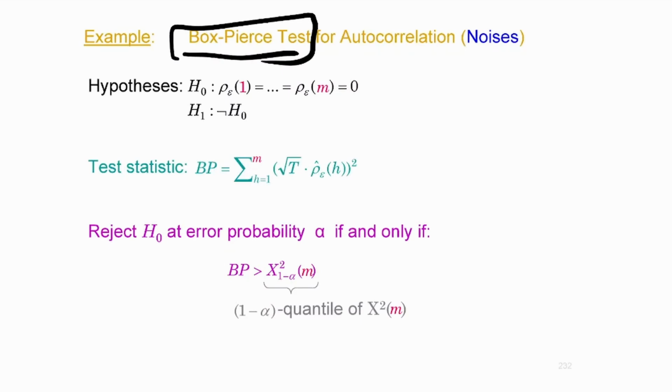But let's say the alternative hypothesis is true, which means that the noises do have autocorrelation. Then they are not noises, right? That's number one. And number two, the estimators that you'll have are going to be biased. This is called omitted variable bias, by the way. I think some of you have discussed this in statistics too, or maybe in econometrics.